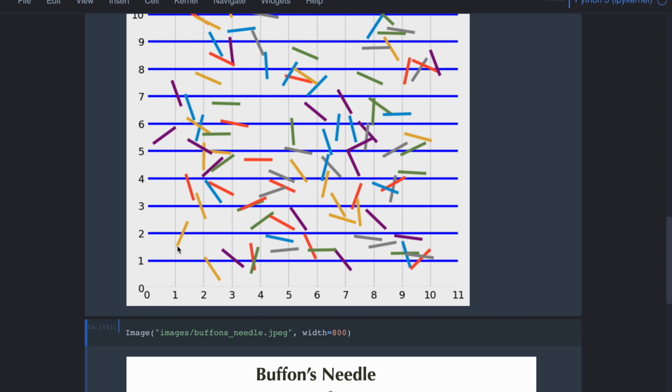One is this point, the other one is this point. This point will have two coordinates x, y, and this point will also have two coordinates x, y. So essentially, we need to generate 4 values, but there is a constraint: the needle length should be 1 unit.